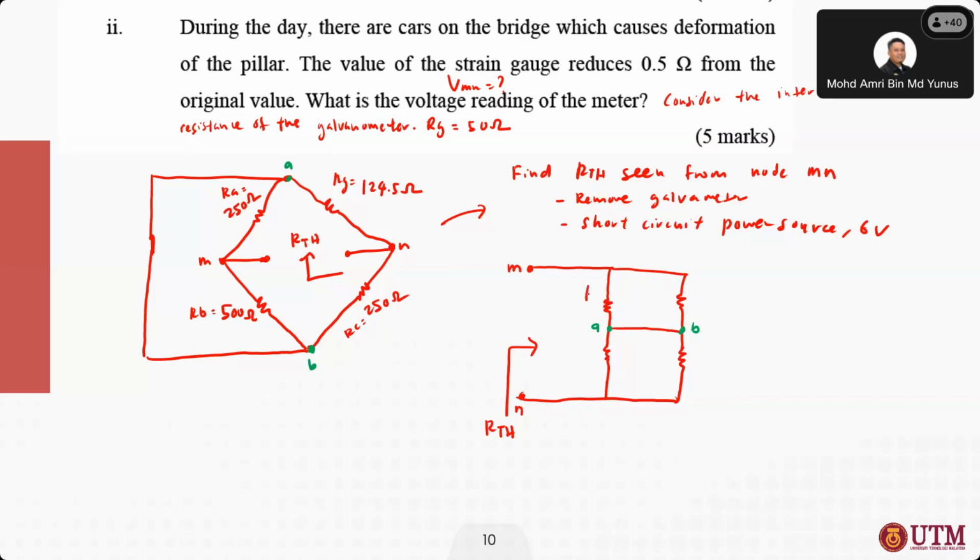So this is RA, this is RB, whereas node N is connected to RC and RG.